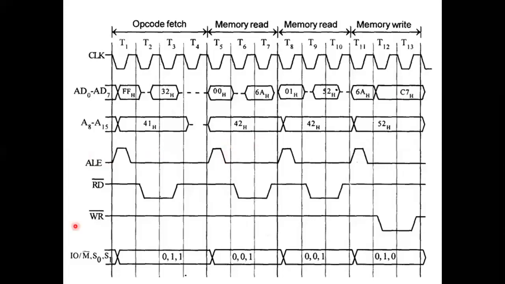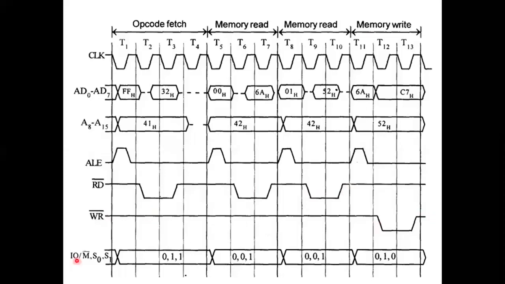Then read low: in opcode fetch we are reading the opcode, then in memory read we are reading the memory, again memory read we are reading. But in the memory write cycle the read will be 1, and 1 means read is disabled. Same in memory write, only the write is enabled, so the remaining values are 1. This value will be 0 because of the active low condition.